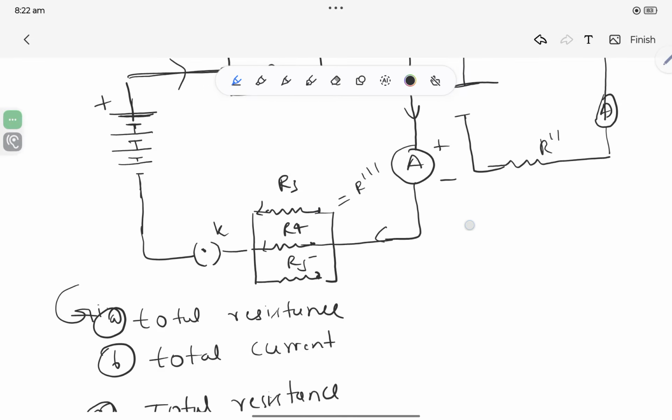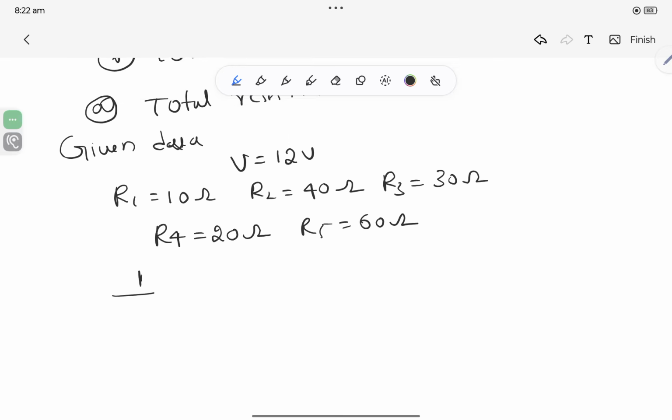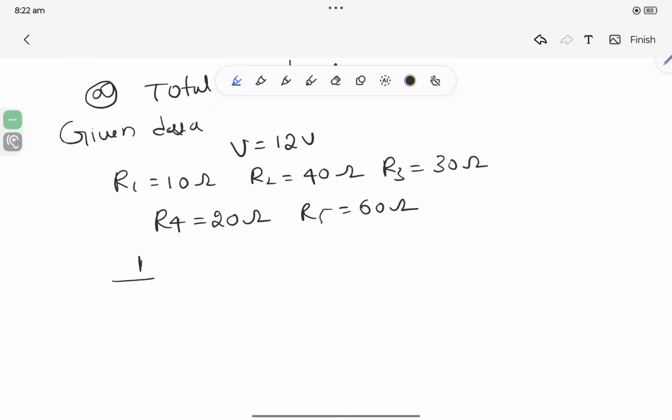Let us solve. First, R dash is parallel. If in a circuit there are only two resistors, R equivalent is R dash equal to R1 into R2 divided by R1 plus R2. Only two resistors means we can use this formula.